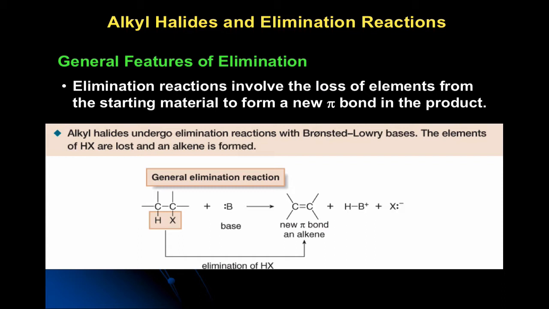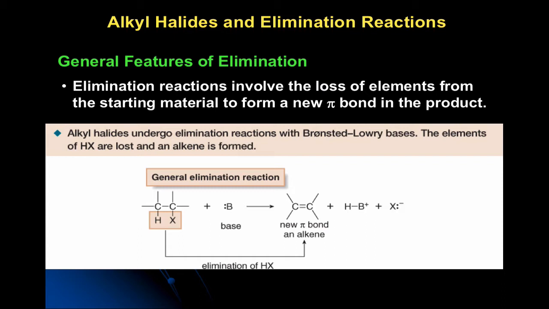So my rule about bases and nucleophiles: all nucleophiles are Lewis bases, but not all Lewis bases are nucleophiles. And so we're going to be finding some situations where we have Lewis bases that will function primarily as a base and abstract a hydrogen from the alkyl halide in a way in which you get an alkene.